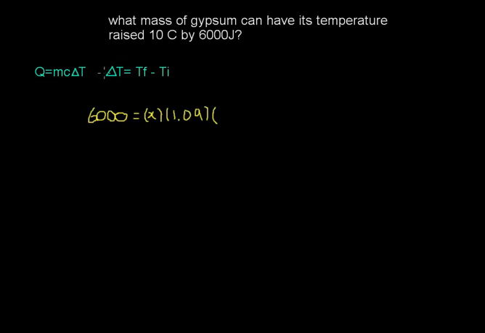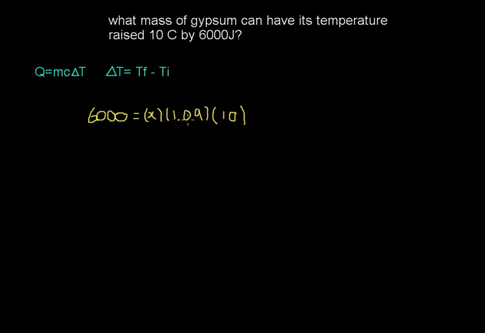And since delta T is the difference of the substance, it's raised 10 degrees, so it's plus 10. So we're just going to keep it as 10. We don't have to do temperature final or anything, it just gives it to us. Now we're just going to solve this algebraically.